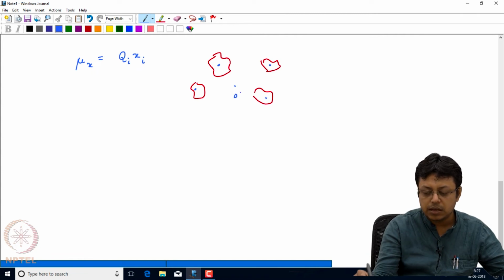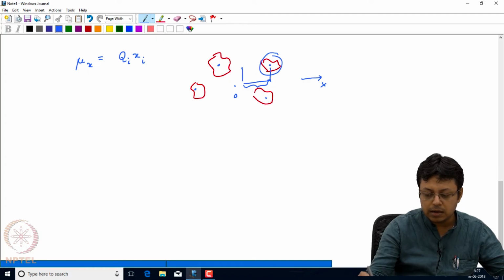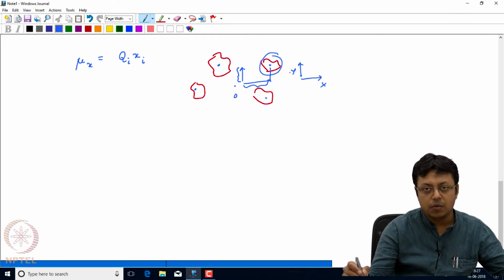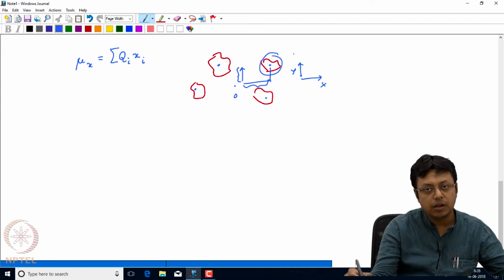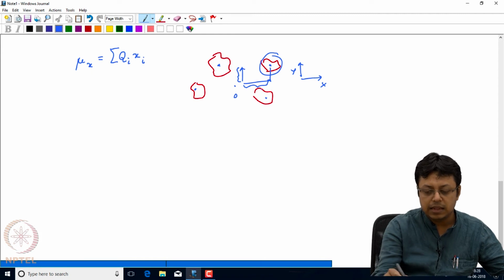Let us say this is the origin, and for this atom we find the coordinate along the x axis, and the coordinate along the y axis. Then we can write the x component of the dipole moment as the sum of the x component dipole moments of individual atoms, summed over all the i's. Similarly, we can get the y direction in a similar way.